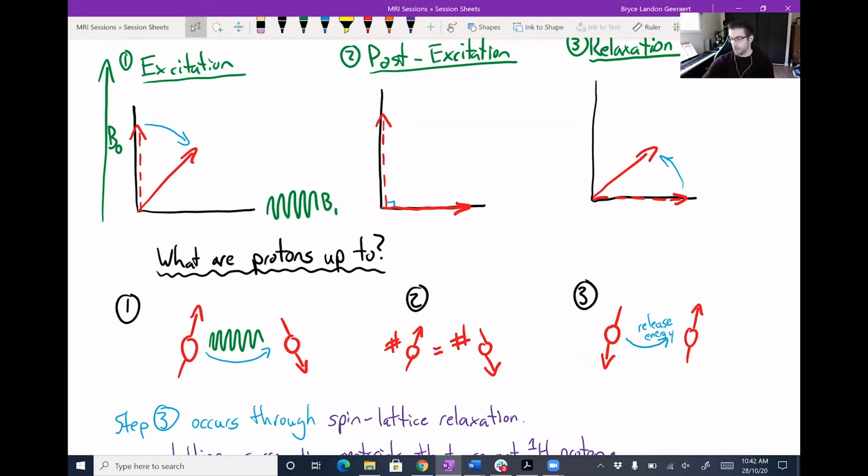It's due to the interaction between a hydrogen atom and the main magnetic field. There are 2 energy states that hydrogen protons can possibly have, either aligned with or against the main magnetic field. That's essentially what this book is telling us, so I believe it.